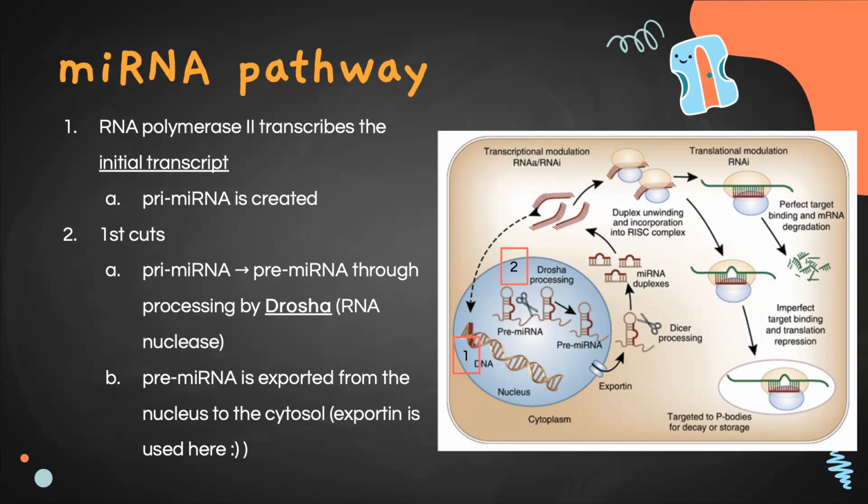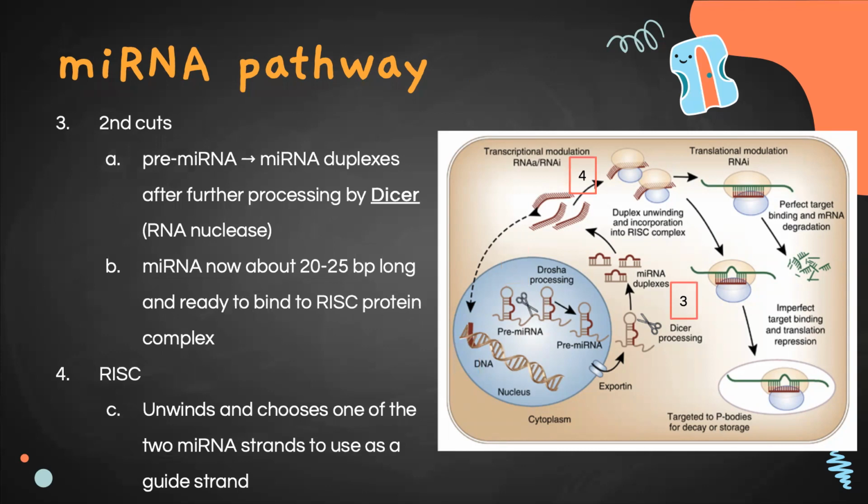Then in the third step, another RNA nuclease called Dicer will cut the pre-miRNA into just miRNA duplexes. These are now about 20 to 25 base pairs long, and they are ready to be used by the RISC.